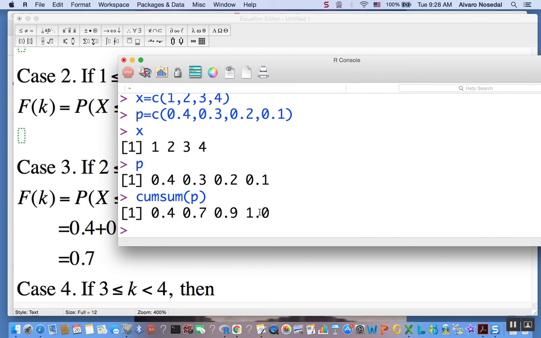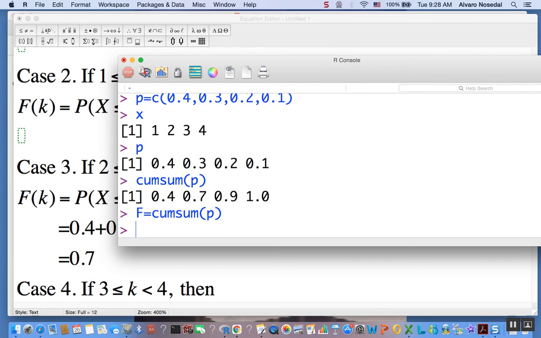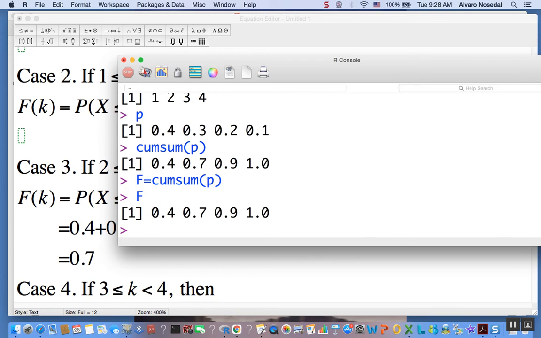Make sense? Okay. So let me save those here. I'm going to call those capital F.